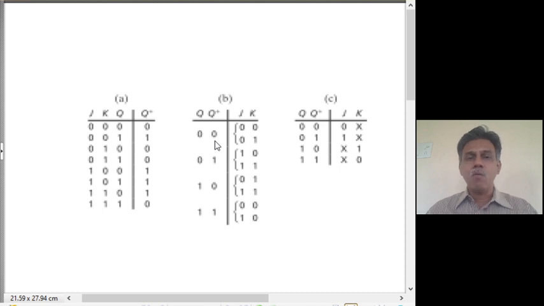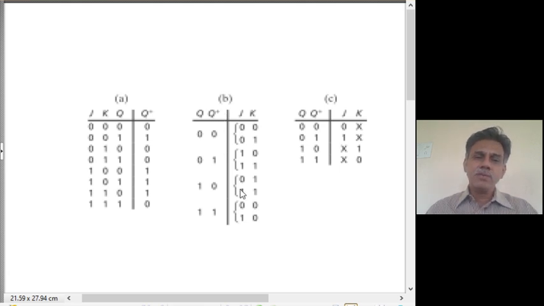For that, what input condition has to be given to the J and K inputs for such a state transition to occur? That is the question. That kind of table is called the excitation table, because it tells how the JK flip-flop has to be excited by feeding the appropriate input for a desired state transition to occur.